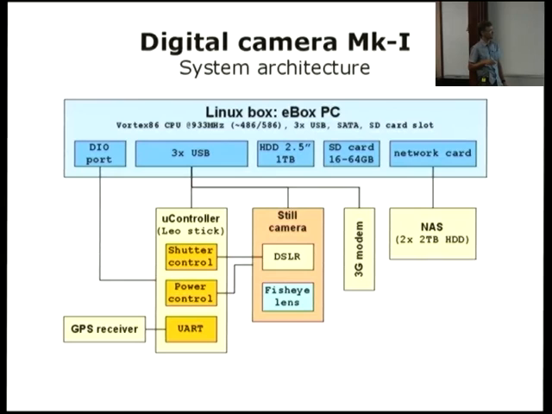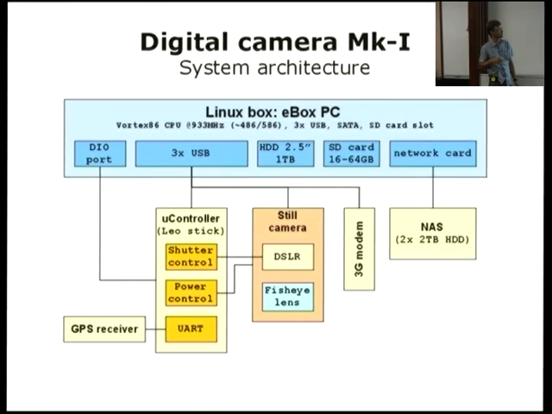And there is a 3G modem for internet connection, but we have run these Mark I cameras mostly on the sites of film cameras, so they used the existing satellite connection. And to store the data collected, there is a 1 terabyte internal drive.